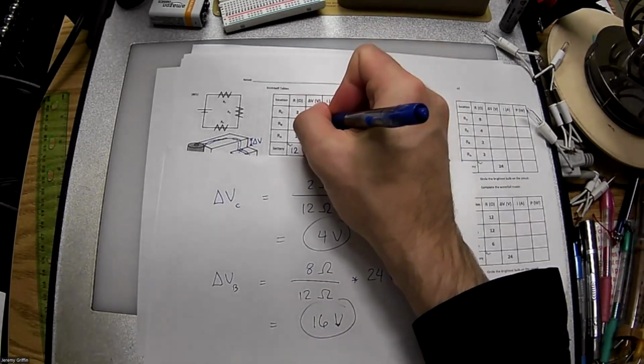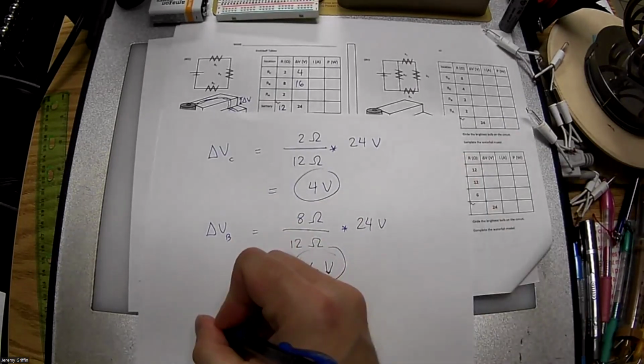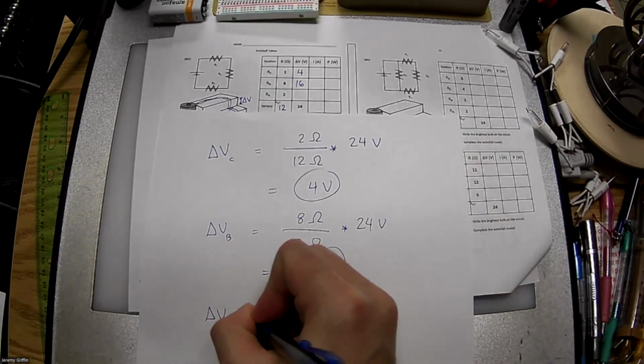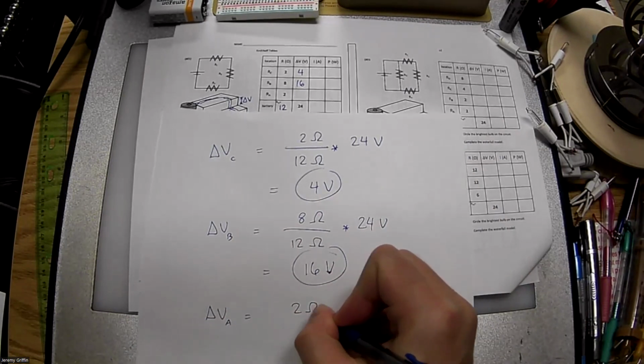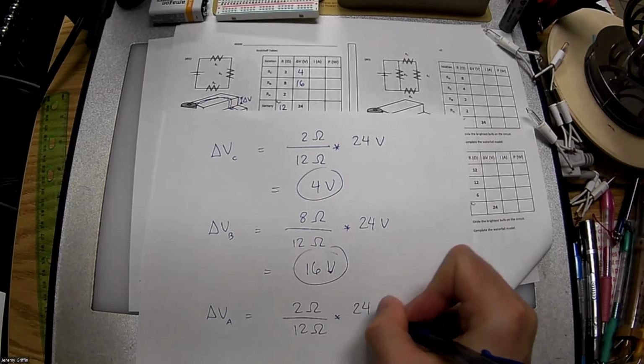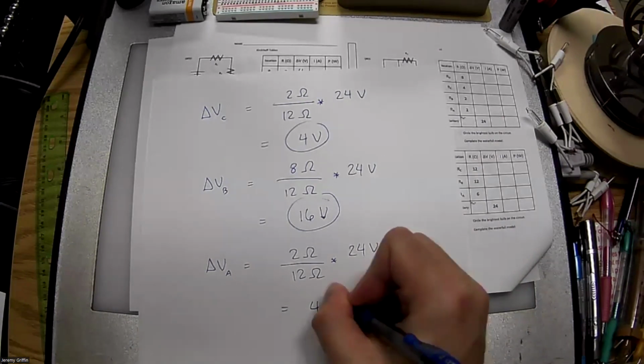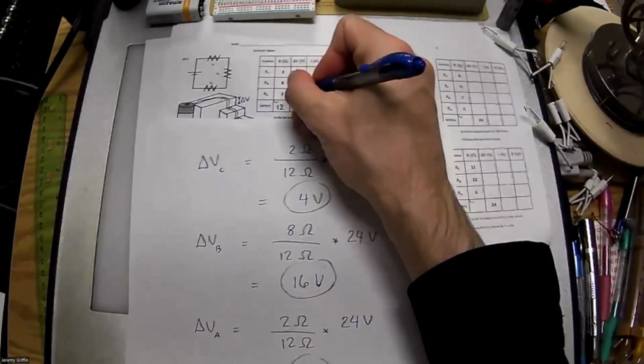So 16 volts drop there. Then resistor A. So delta VA is, well, that's 2 ohms on A, 12 ohms on the branch, and then 24 volts total. We're back to 4 volts drop. So 4 volts. Bam, bam, bam.